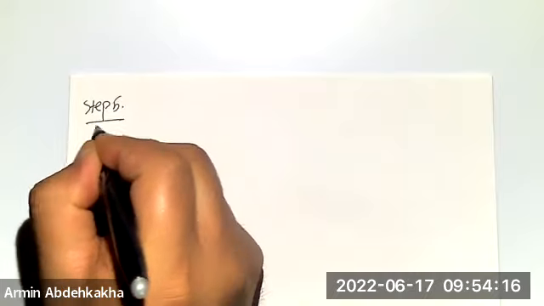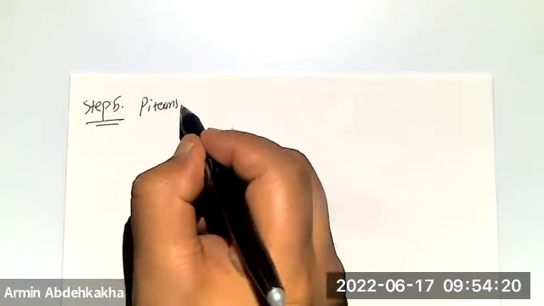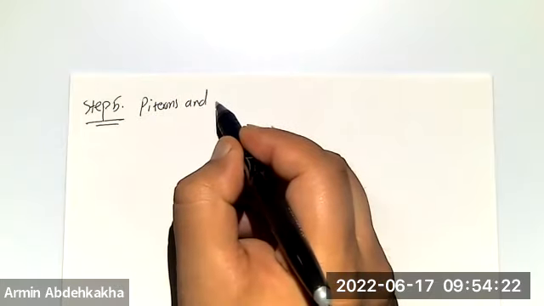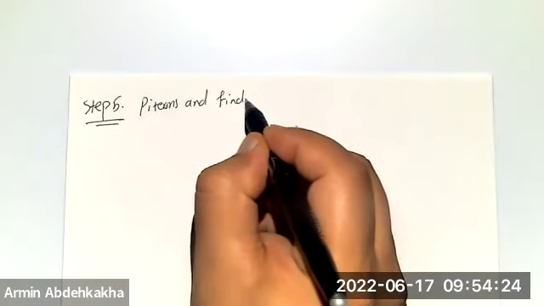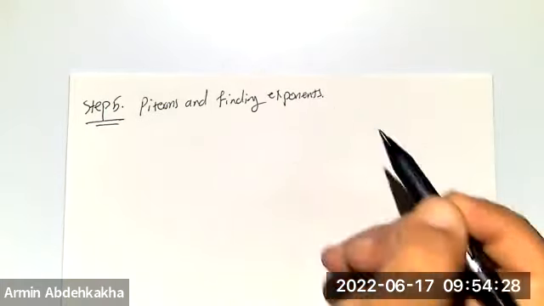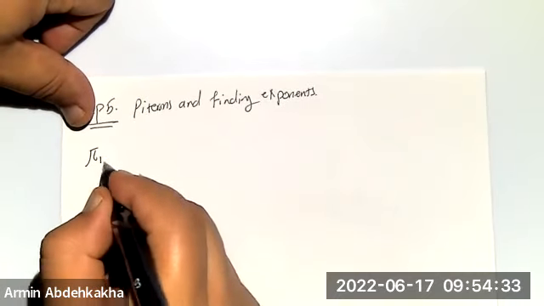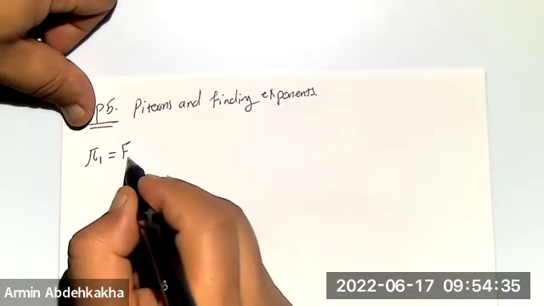Step 5: items and finding exponents. Let's write pi 1. For pi 1, we have FD.